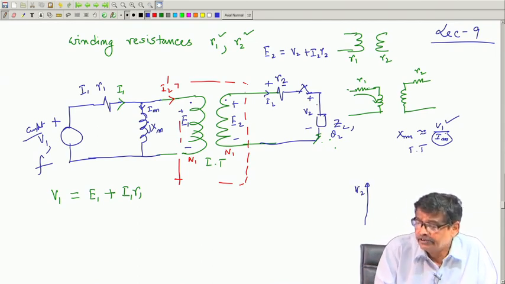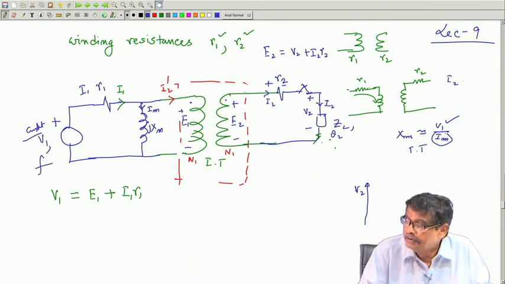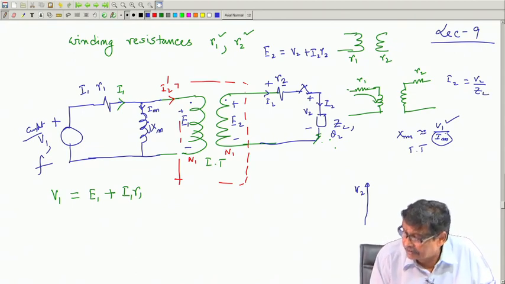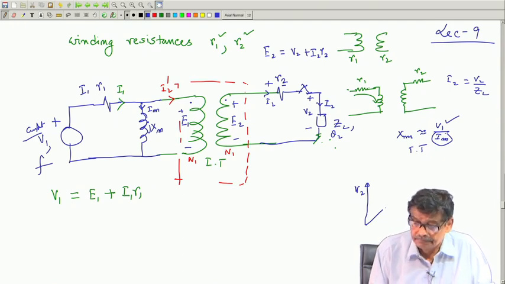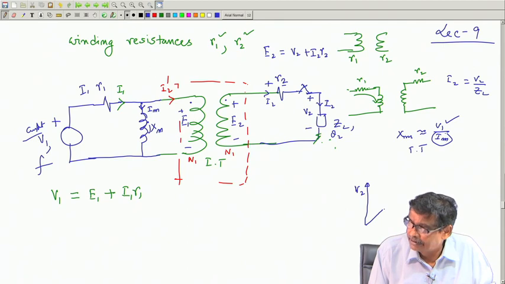Then no one can contest me, then the current I 2 is V 2 by Z 2, and I 2, suppose lagging power factor load, I 2 will lag here, I 2 will be higher, no? Low voltage side I assumed, I mean while drawing. Okay. So, I 2.